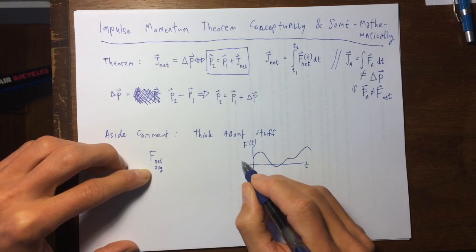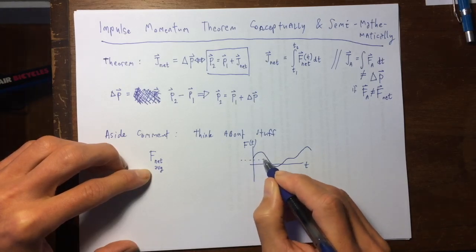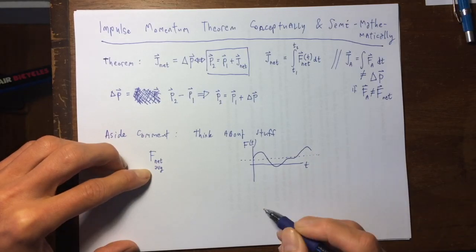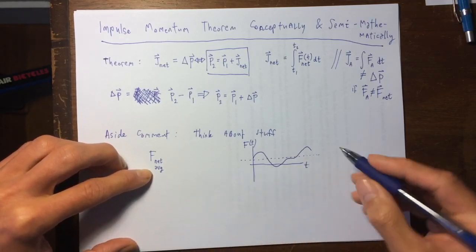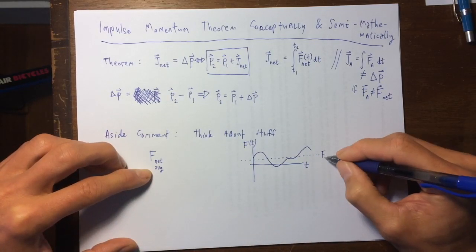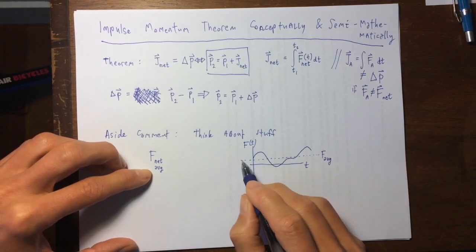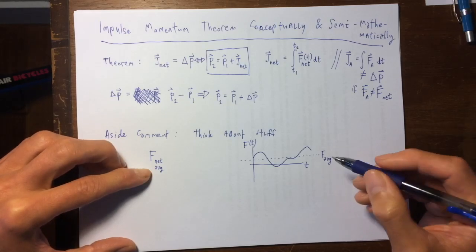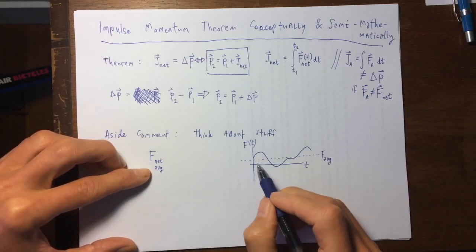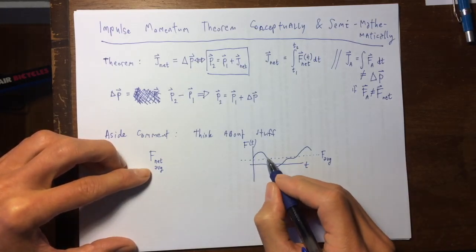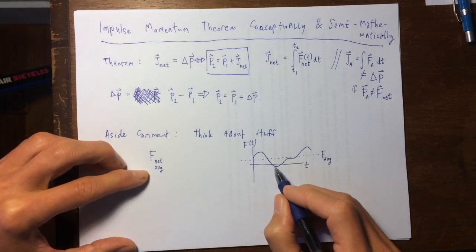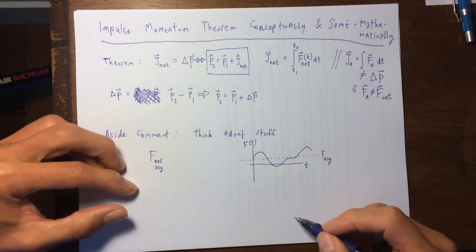In some average sense, there is a value that represents the force over the time. So we could say that this dashed level is sort of the average value of the force. The force function spends, you would say, equal amounts of time above and below this average value.